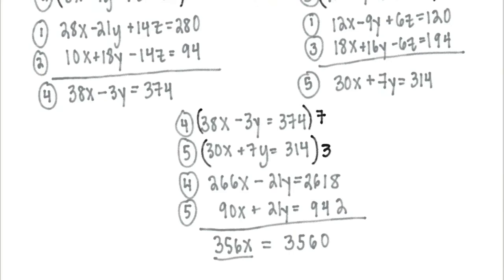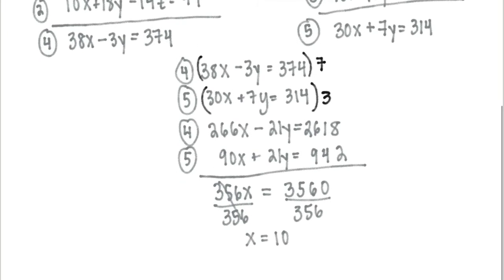Ah, that works out very nicely. So finally that works out. If you struggled with some of that multiplication, don't be afraid to take out your calculator and do the multiplication off to the side. Don't risk it like I did. We get x equals 10. So far I have x equals 10.